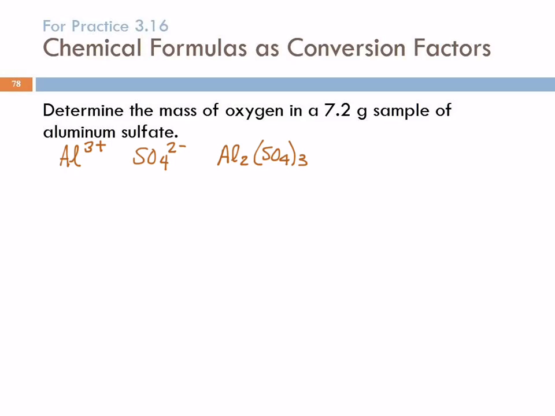So we have 7.2 grams of aluminum sulfate. And what do they want us to find? Mass of oxygen, or grams of oxygen. How are we going to get from mass of the compound to mass of one of the elements?